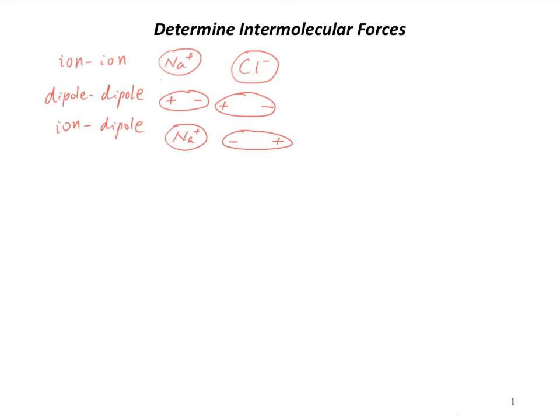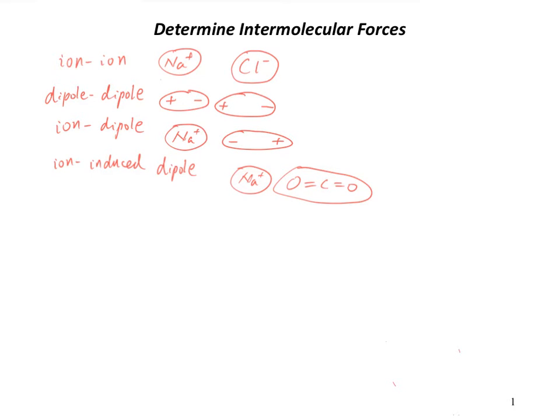After that is ion-induced dipole. If we have an ion and a neutral, nonpolar molecule, for example carbon monoxide, the charge can induce a dipole. That induced dipole can interact with the charged particle.